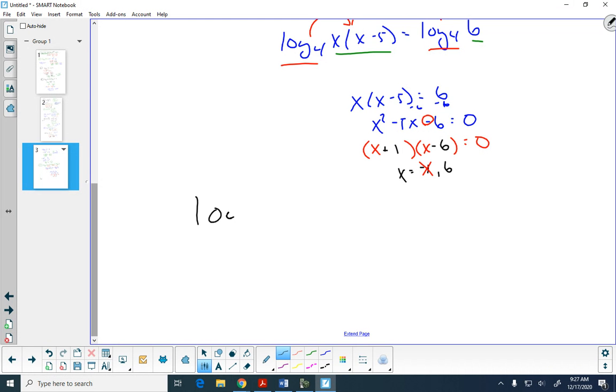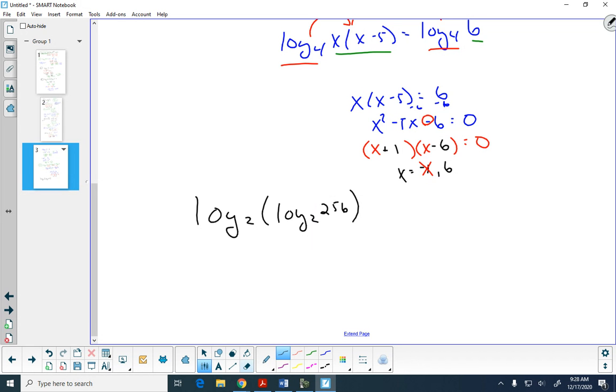We have the log base 2 of the log base 2 of 256, and we want to find this value.